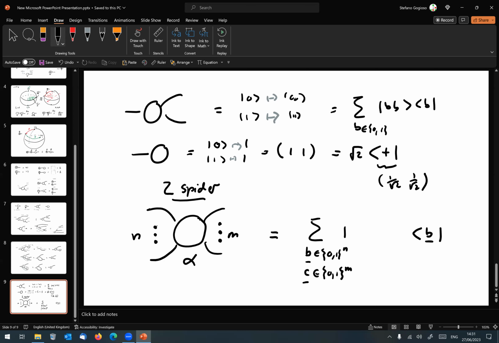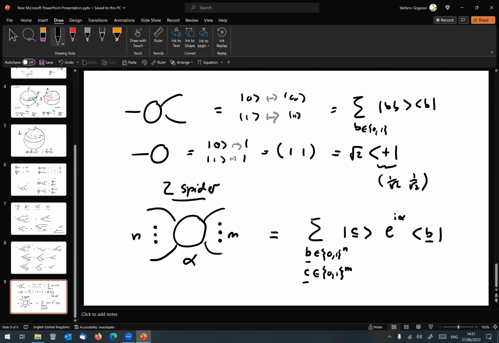You have to produce the m qubits on the right, and in the middle you have to maybe do something. So what is going to be the scalar that's associated to those? It's going to be e to the I alpha.